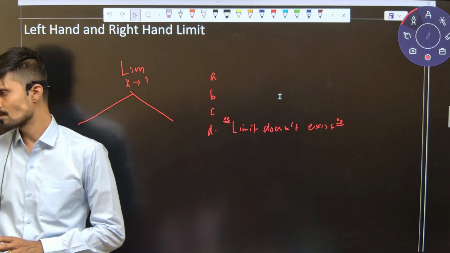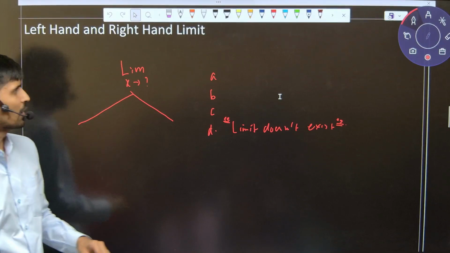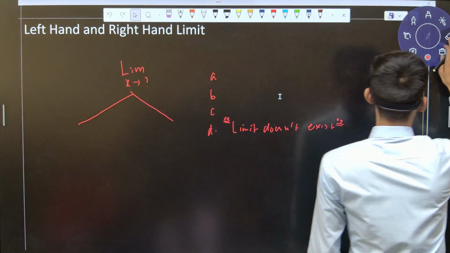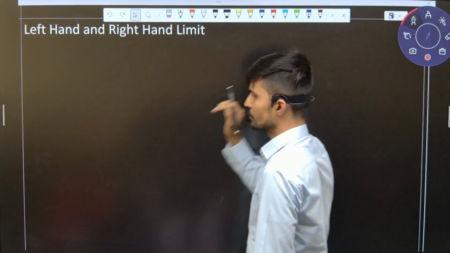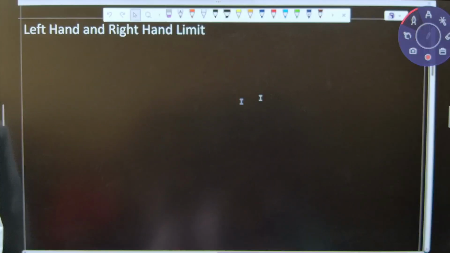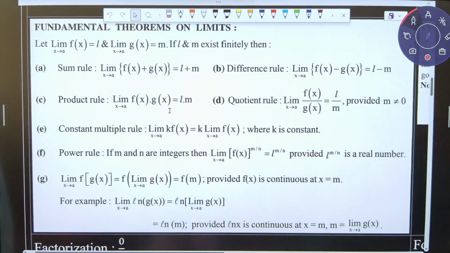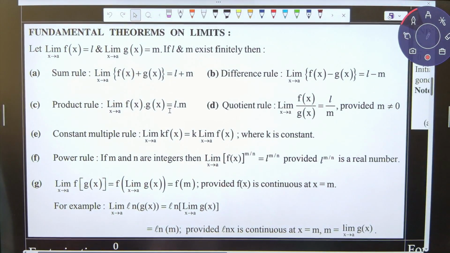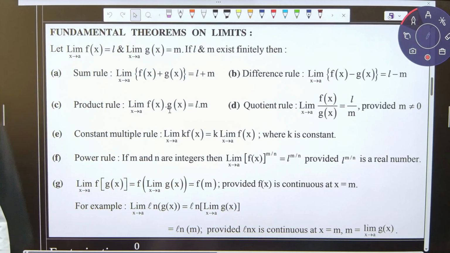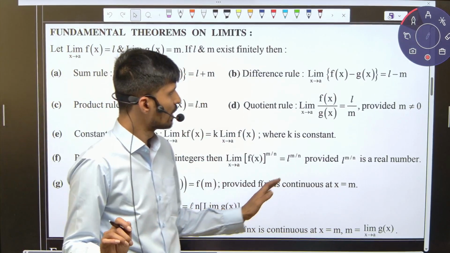Okay, very good. Now we are going to see the next topic: fundamental theorems on limits. Okay, so what are all these things? I will explain.